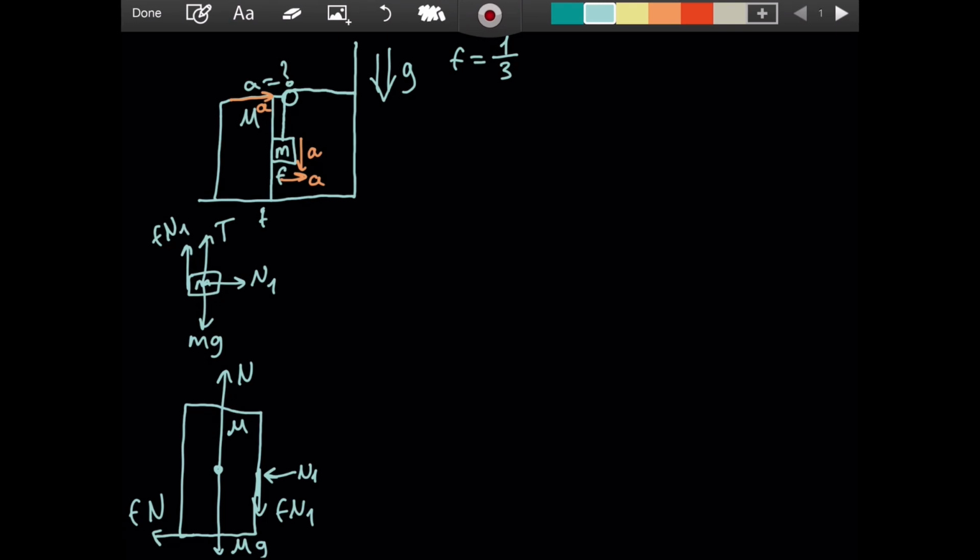And are we done? You might say yes, but there are two other forces left, which are, I believe, the easiest ones to forget for this question. There is a tension to the right exerted by this rope, and there is a tension downward exerted by this rope.